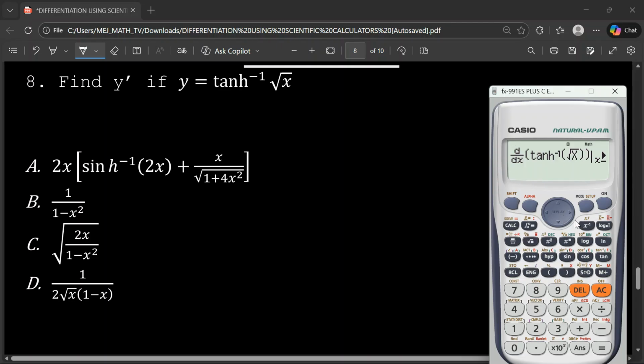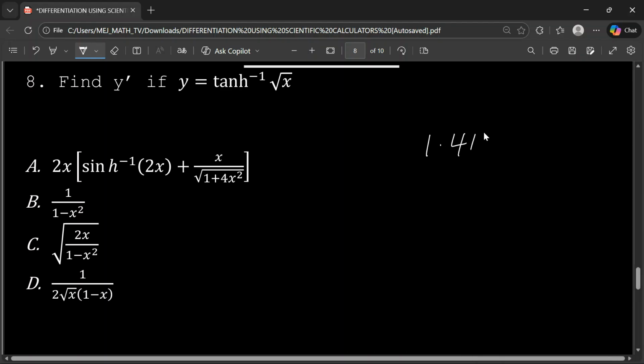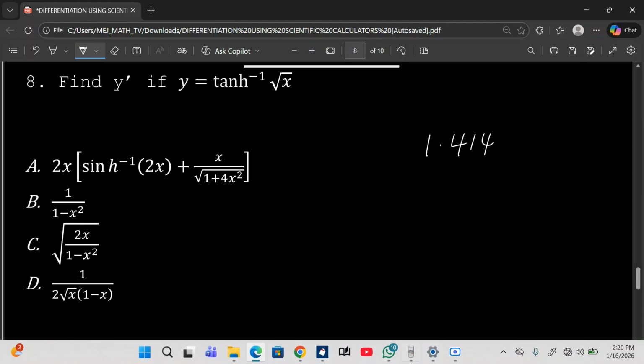Then we close it and evaluate it at the point 2. As we can see, it says math error. It means 2 is not part of the domain. So we are going to choose another option. Let's see, 0.5. Then the answer is 1.414. So we are going to test these options.